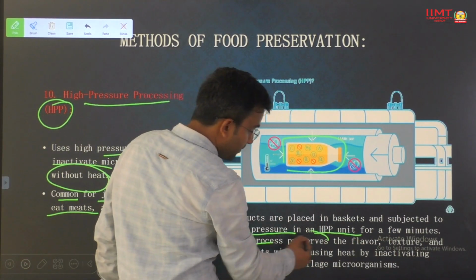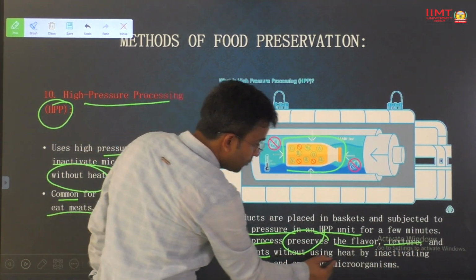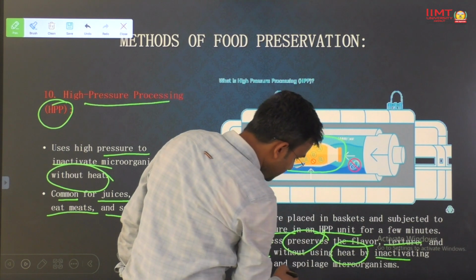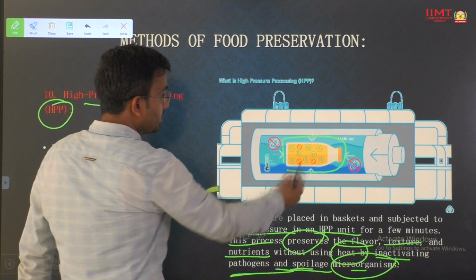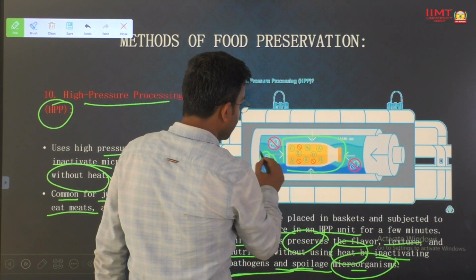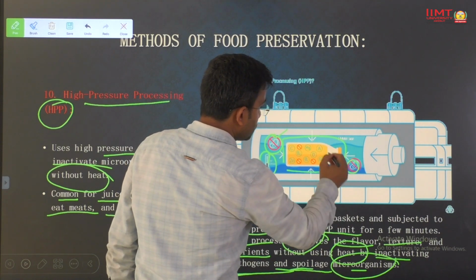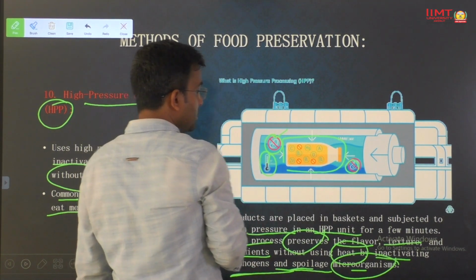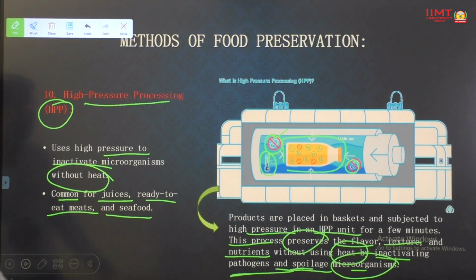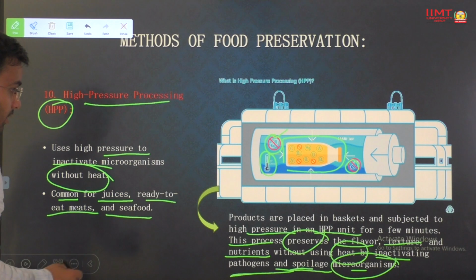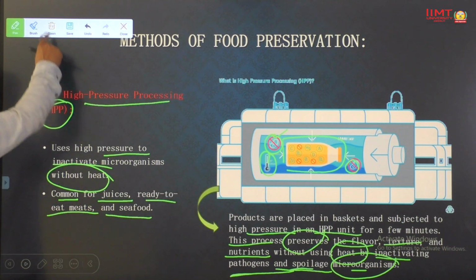This process preserves the flavor, texture and nutrients without using heat, and inactivates the pathogens and spoilage microorganisms. So here we place the product and pressurize it, and kill the microbes outside on the surface of the food items. In a very short time, without providing heat, we kill the microbes.